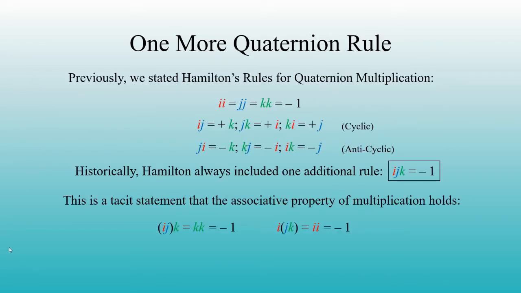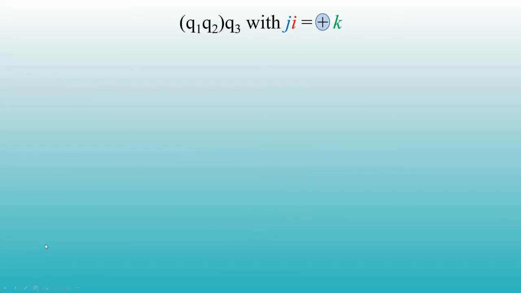Well, the easy thing to do would be to consider Hamilton's additional rule with the new product rules. Since IJK is cyclic, IJ equals plus K and JK equals plus I, and so the anti-cyclic rule doesn't come into play, and so there is no difference. Is this good enough to draw the conclusion? Well, let's double check the general case anyway, right?